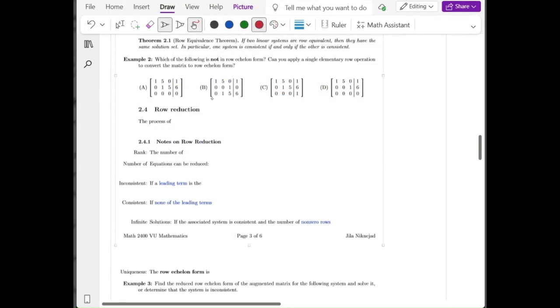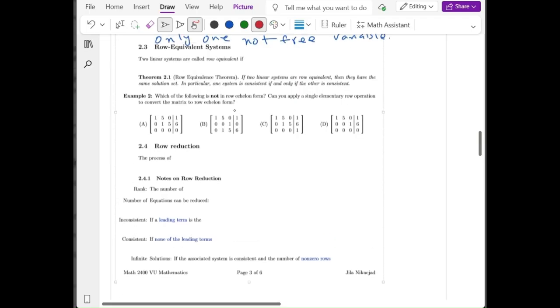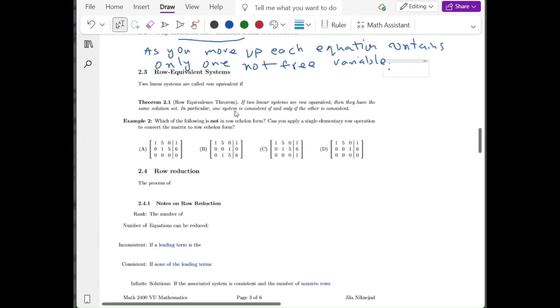So let's decide which of the following is not in row echelon form. And how do we do that?